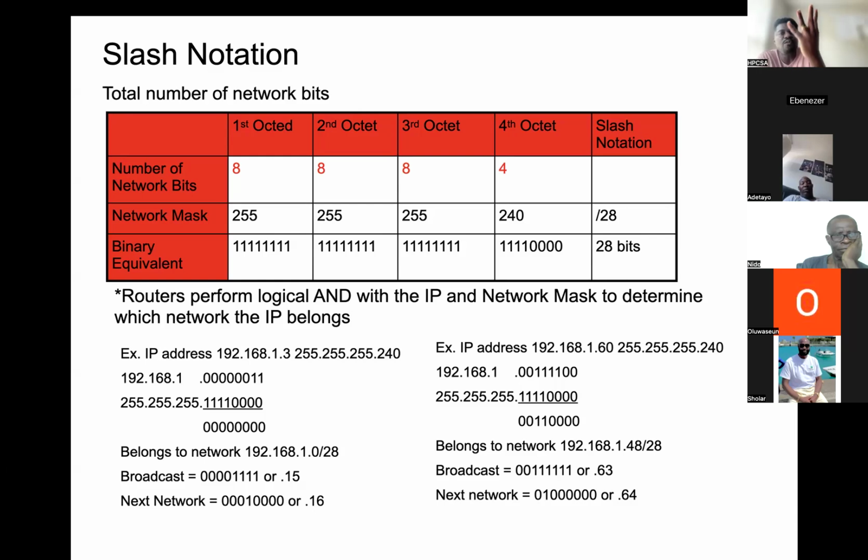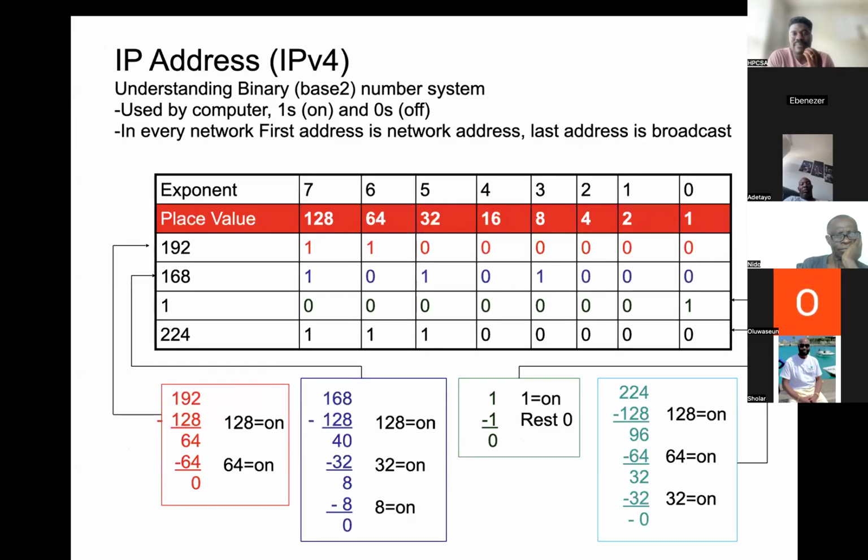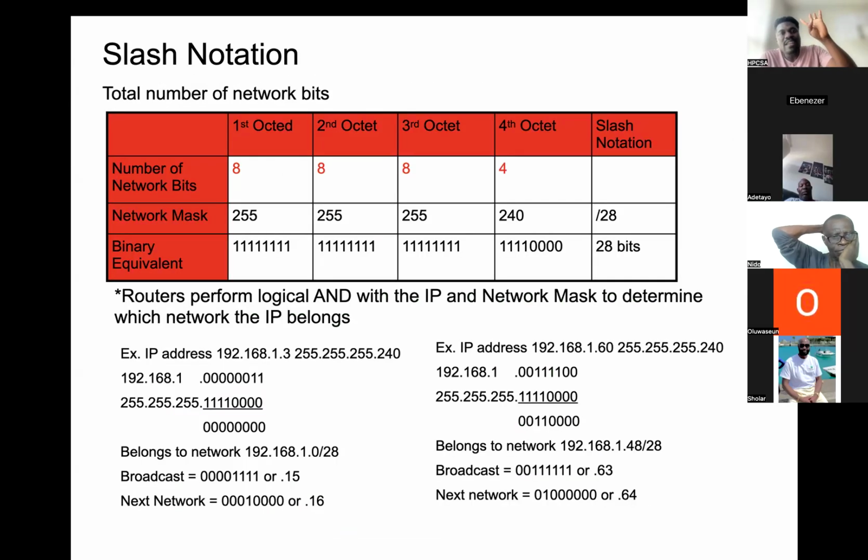Why? Because only 4 bits are on. I don't want to confuse you. So for the last one, only 4 of the binary equivalent is on. So if that is on, it is 28.